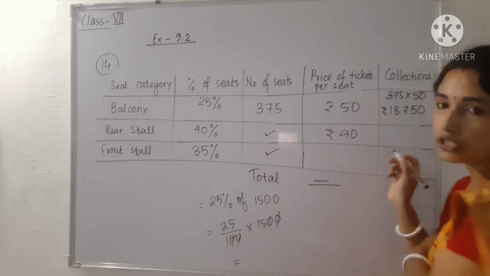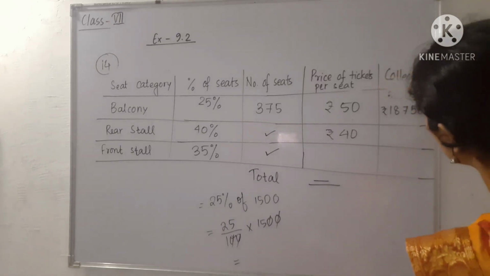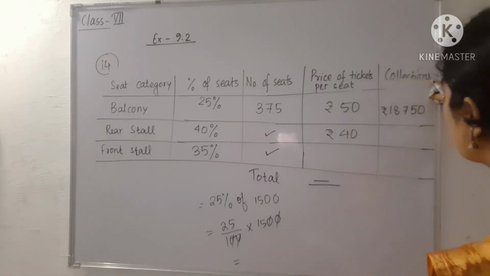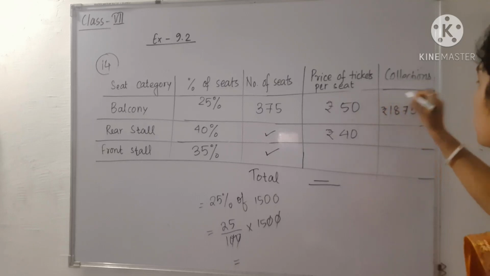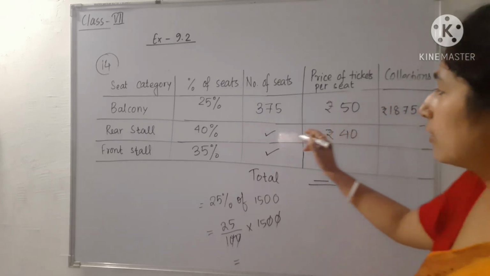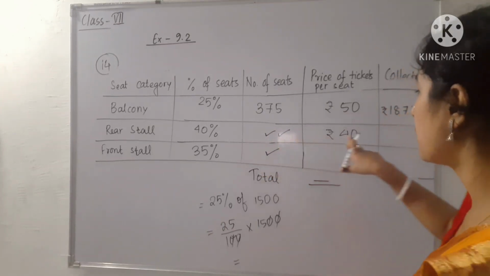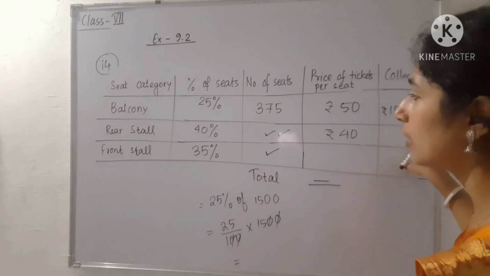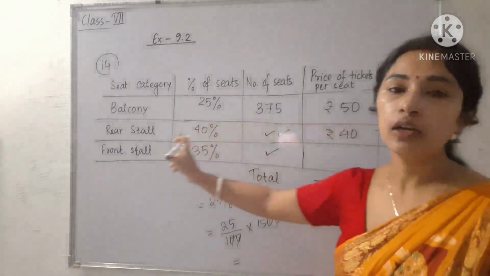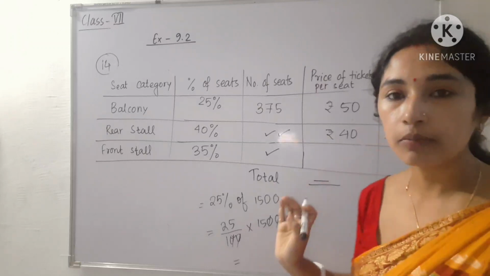So the total collection for the balcony seats is rupees 18750. No need to write these things. You can do this in rough work, and finally you can fill up the table by writing the final answer. Similarly here, if you find the number of seats in the rear stall, you can multiply it with 40 to get the total collection for the rear stall. Similarly for the front stall also you have to do the same thing.